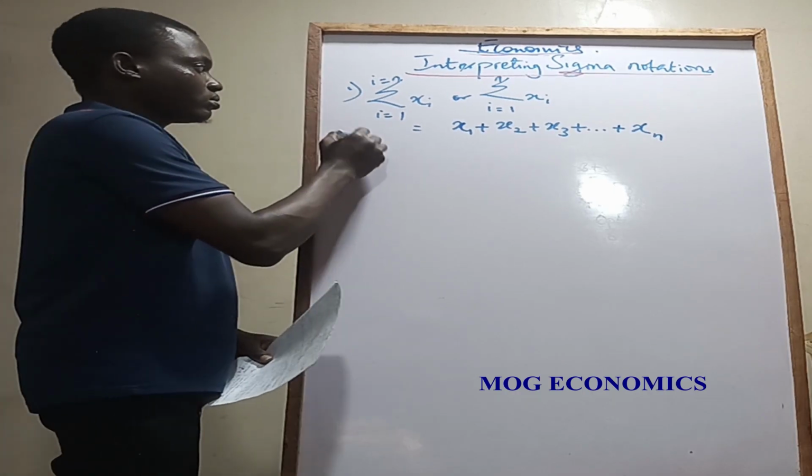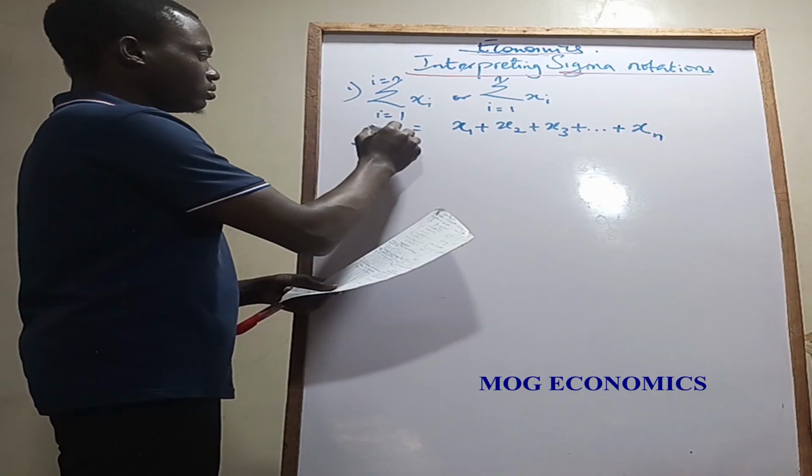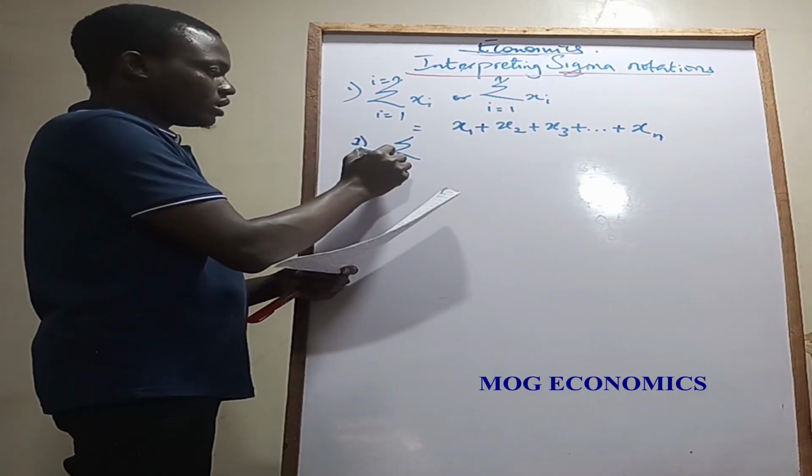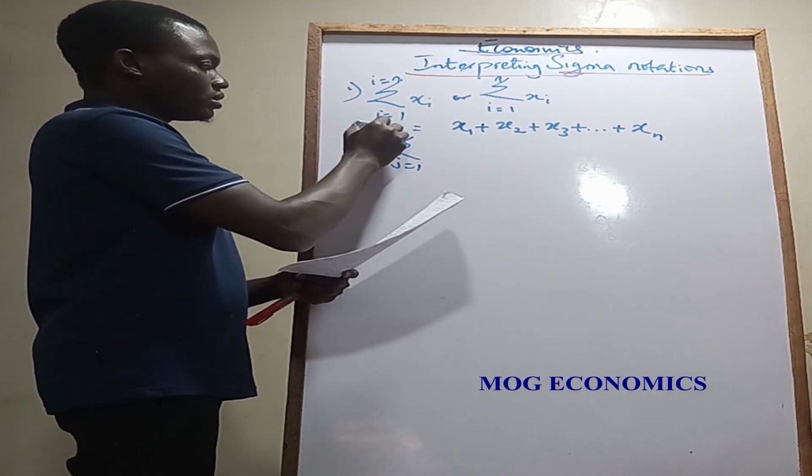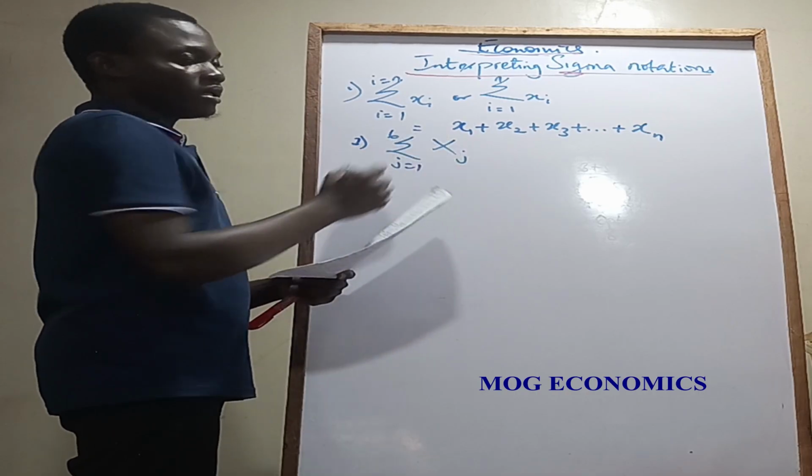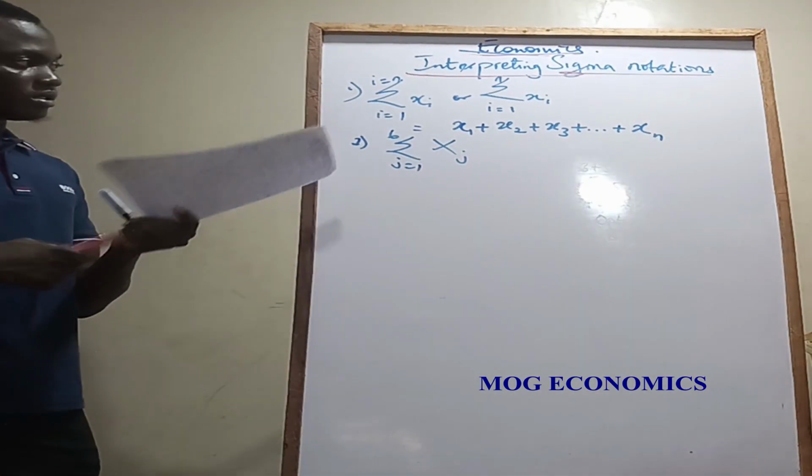Now number 2, summation, j equals 1 to 6, of xj. So what is this also saying?